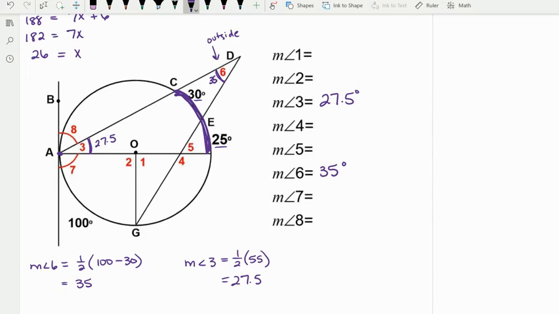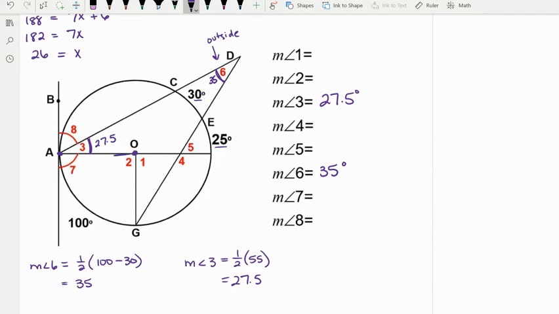Oh, let's see. What else? Angle 7. Well, let's look at angle, I see. Okay. Let me go backwards. I'm going to look at angle 1 and 2 here. And the reason I want to look at 1 and 2 is here's the center of my circle, right? So 1 and 2 have to add up to 180 degrees because they are along our diameter there.